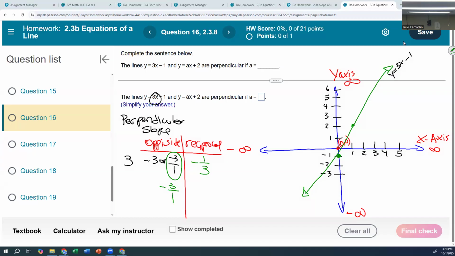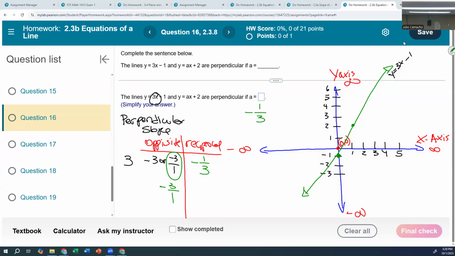To find the reciprocal, you flip it: you put the 1 in the top and the 3 in the bottom. You need to keep your negative, and that is the reciprocal. So the answer here will be negative 1/3. That will be the slope.